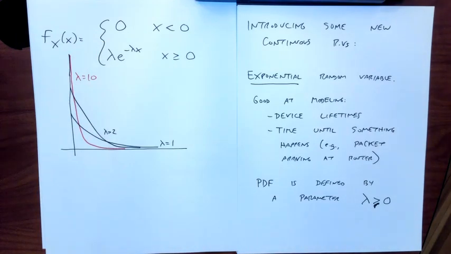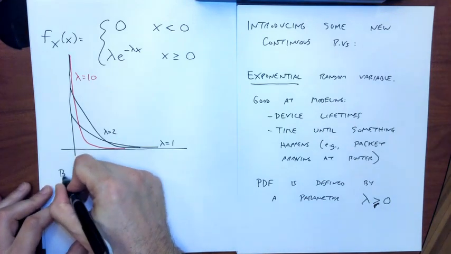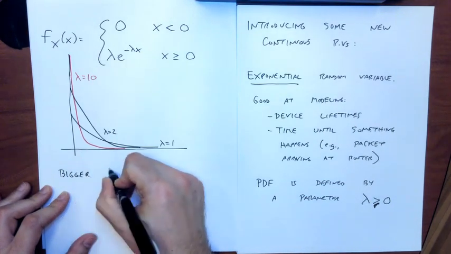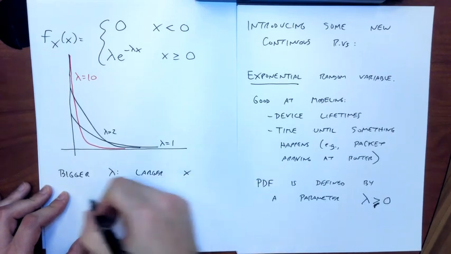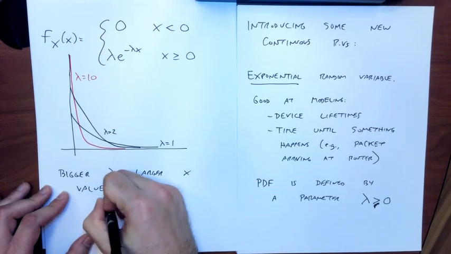So the bigger that lambda is, the more likely that my random variable's value is going to be close to 0, right? So basically, a bigger lambda means that larger x values are less likely.